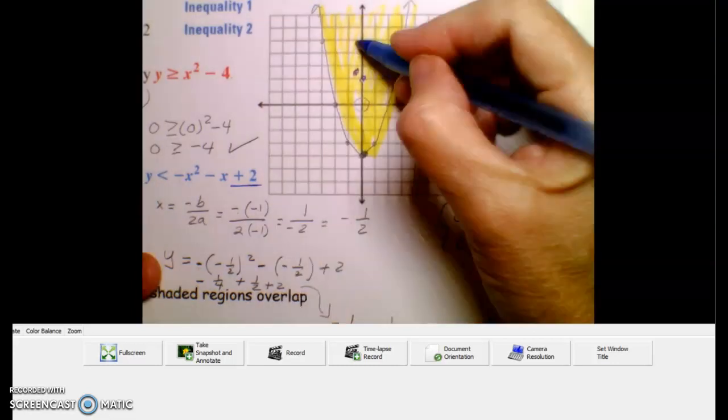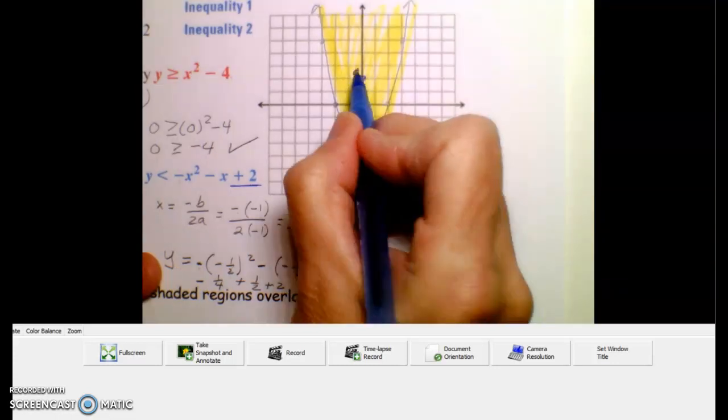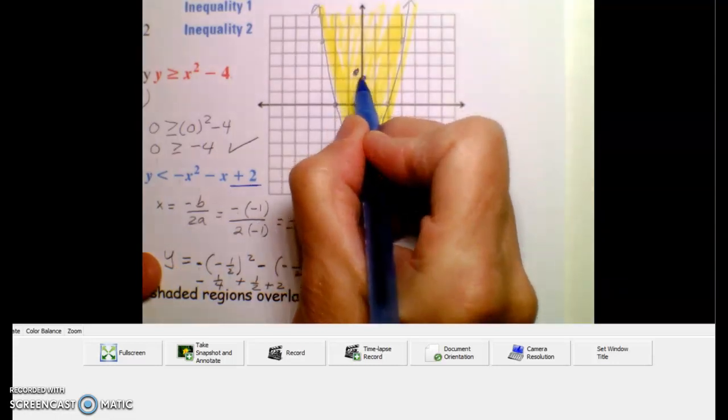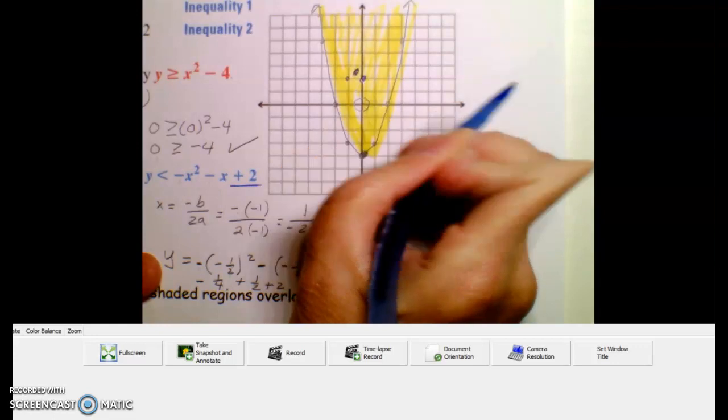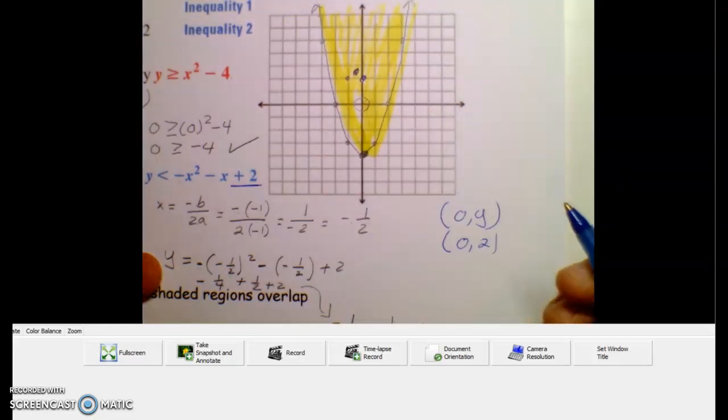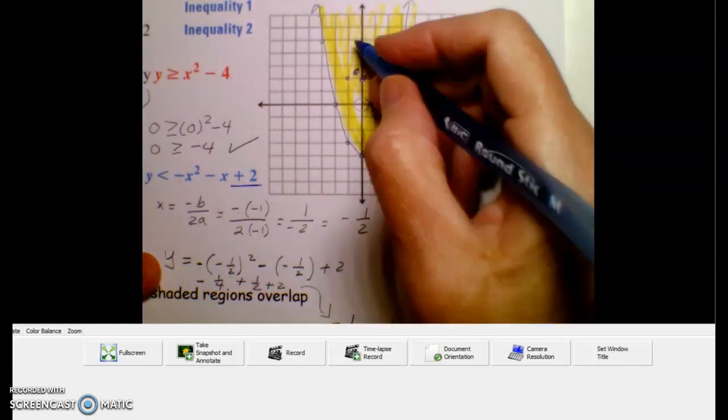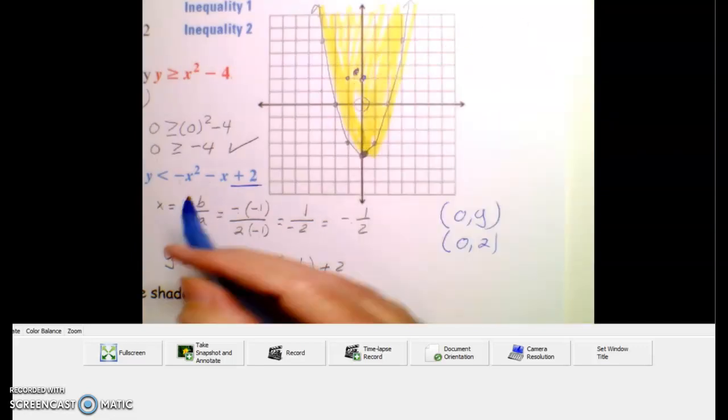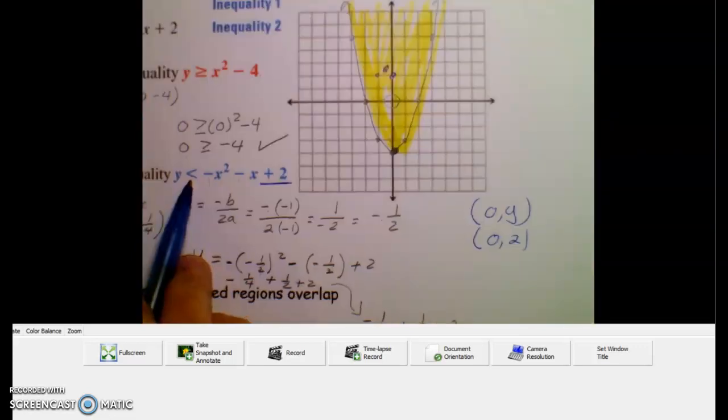Remember, axis of symmetry, I'm going to go the same distance this way, and my next point would be right there. It's sort of jammed in together, but at least I have 3 points and you can see them. Now I have to look and see, solid or dashed? Well, this is dashed.